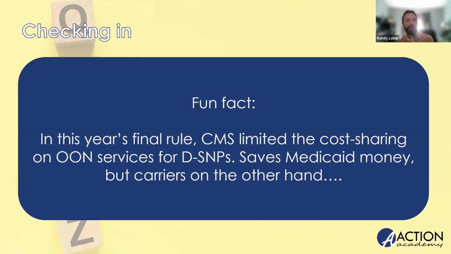What that has the effect of doing is saving state Medicaid programs money. But carriers, on the other hand, I imagine aren't too thrilled about that because they're going to have to A, readjust some of their coinsurance rates, and B, eat some of that cost of providing care for the DSNPs. Again, depends on your definition of fun, but that is a fun fact from the final rule.